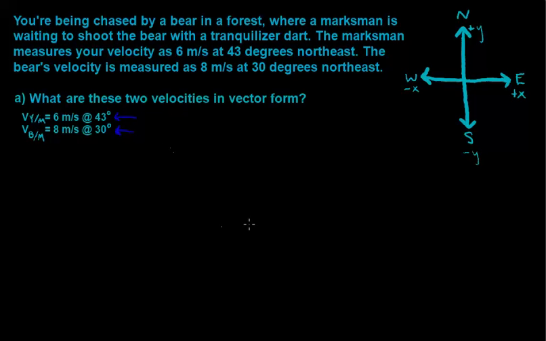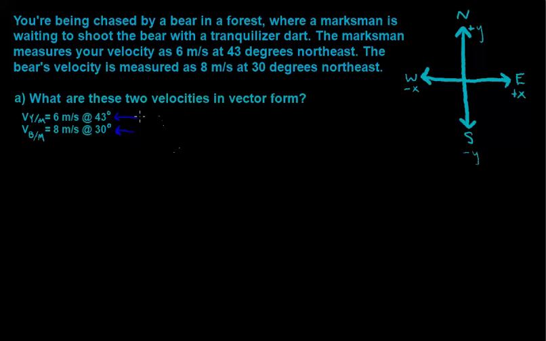And we actually have a little coordinate system up here, and it says that north is the positive y axis, and the opposite, south, is negative y. East is the positive x direction, and west is the negative x direction. So running northeast gives us an all positive direction.